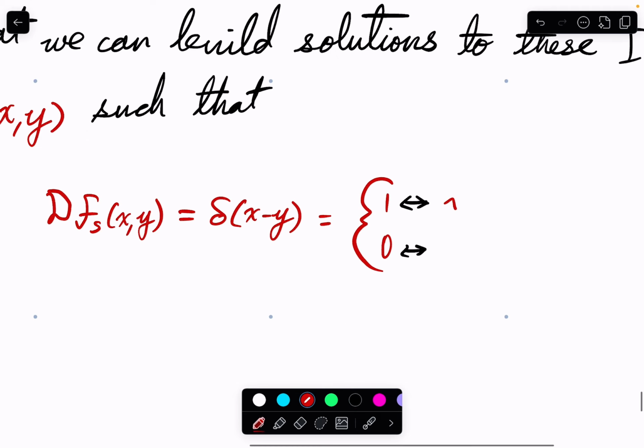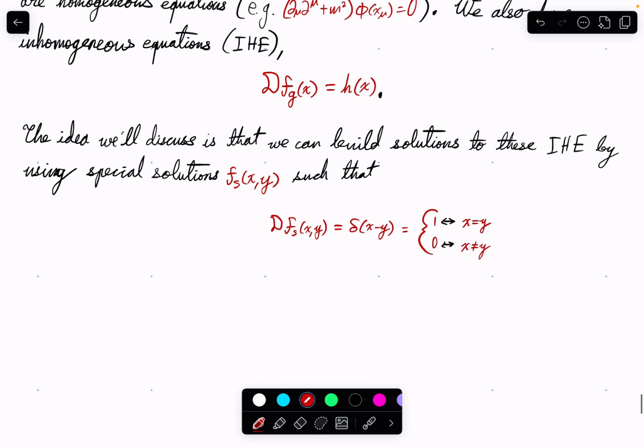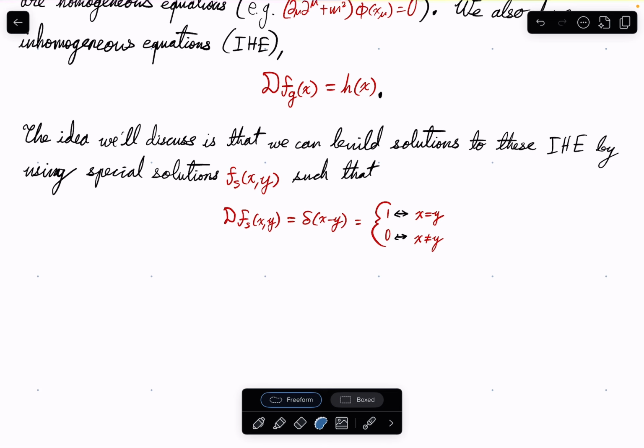This is if x equals y, or x is not equal to y. So if the positions are different, then it's 0. If the positions are the same, then it's 1.